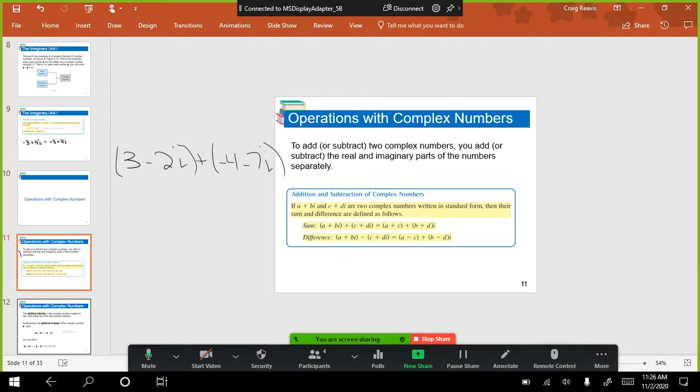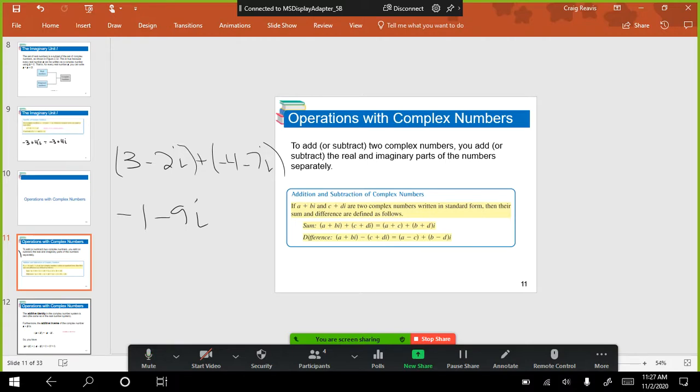That's going to be 3 plus a -4, which would be -1. And then -2i plus a -7i is a -9i. Just like if you replaced it with an x, you would deal with that the same way. Real parts to real parts. Imaginary parts to imaginary parts.